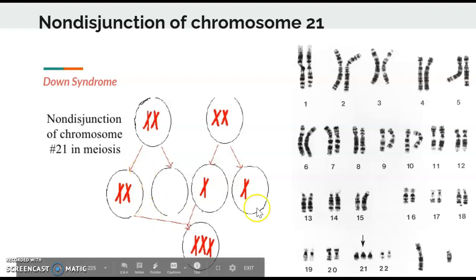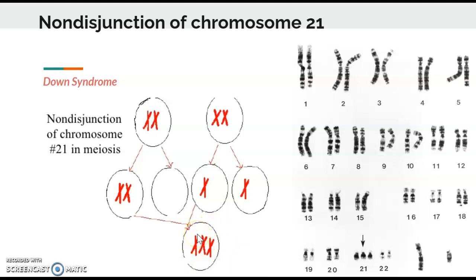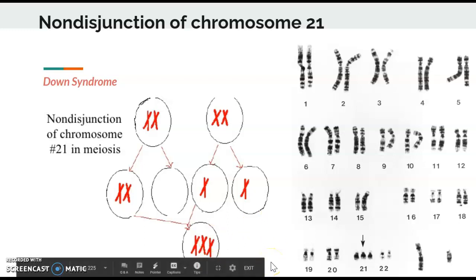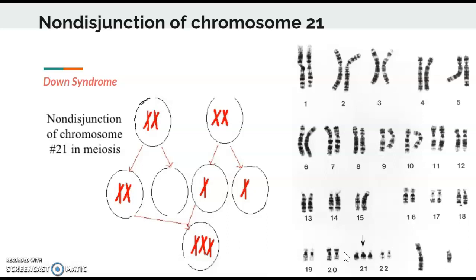So Down syndrome is when you have an extra copy of chromosome 21, either a whole extra copy or just a little part of it. And so that's why there is this spectrum of Down syndrome. You could have it mildly or you could have it a lot. It depends on how much of that extra chromosome you got.